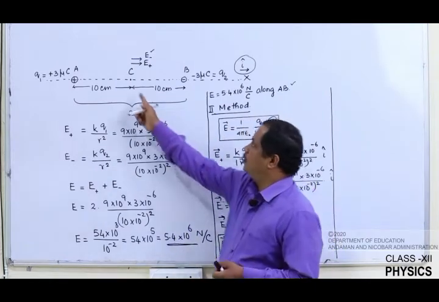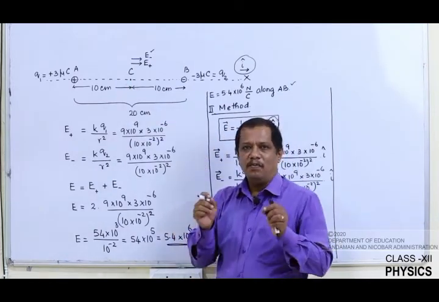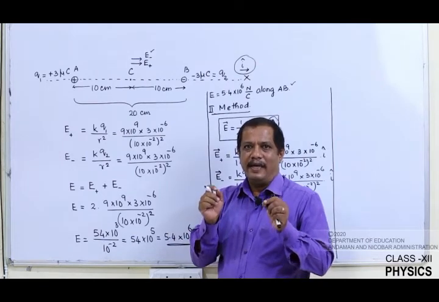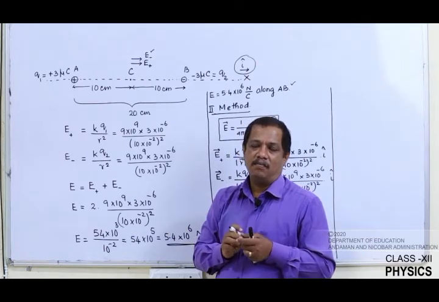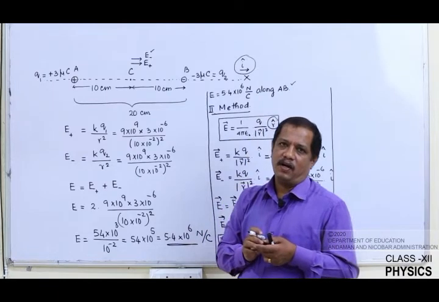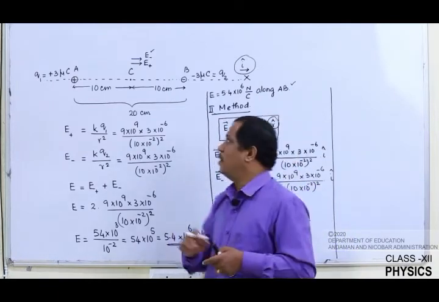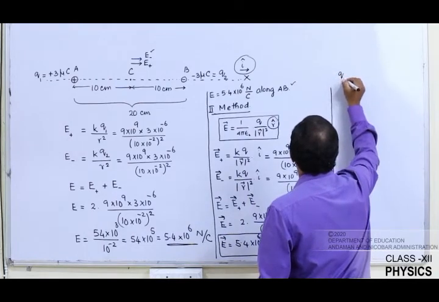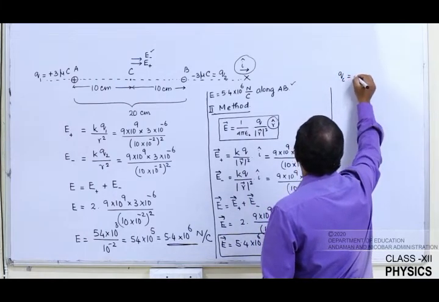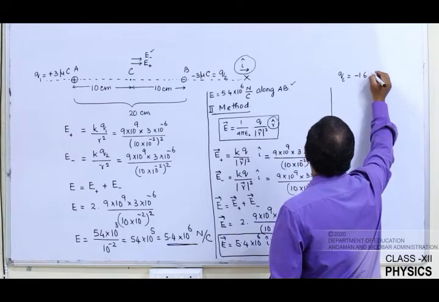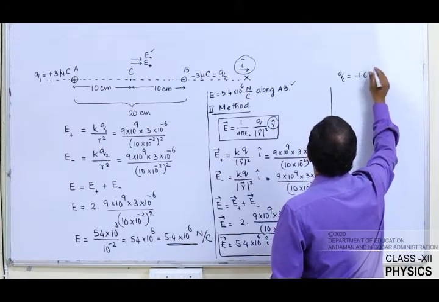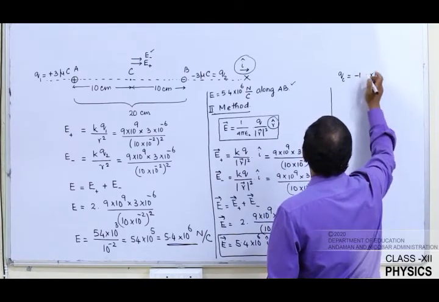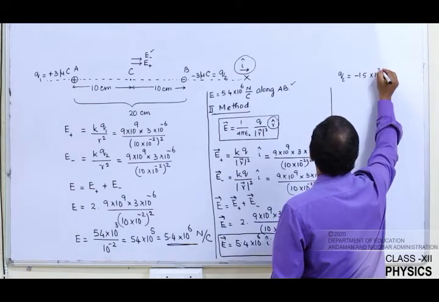If I place it at this point, the question is what will be the net force experienced by the charge minus 1.5 into 10 power minus 9 Coulomb placed at this point. Let us say the charge placed at C is QC, with value minus 1.5 into 10 power minus 9 Coulomb.